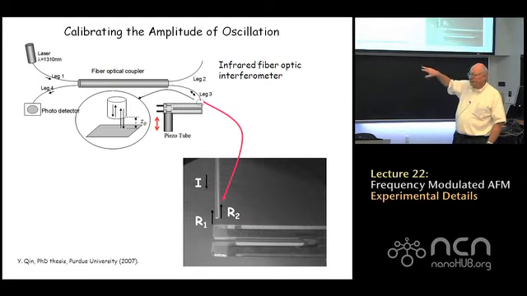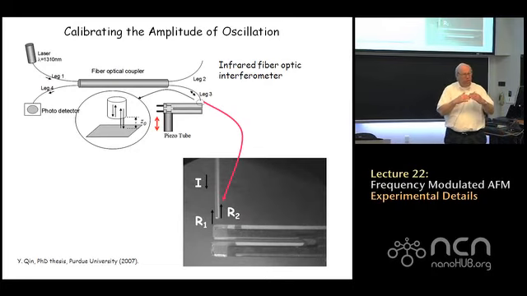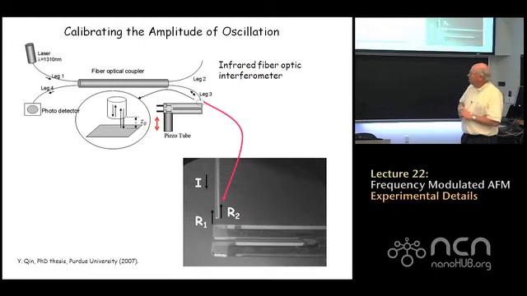And if the relative phases of the reflected light can be varied, then you can set up an interference, a standing wave interference in this optical interferometer. And that standing wave interference then shows up as a voltage on a photodetector that's indicated in the upper left-hand region of this diagram.